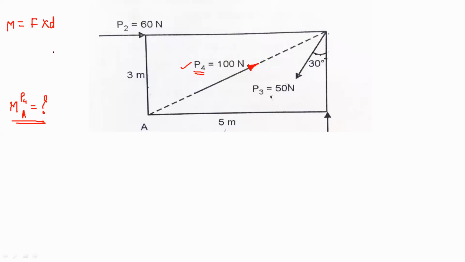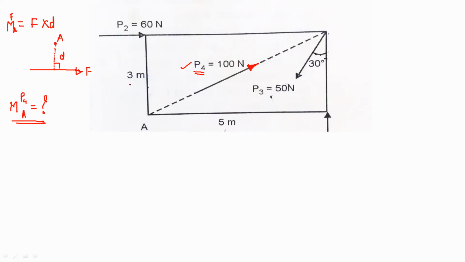Suppose this is the point A, and somewhere a force F is acting, and this is the perpendicular distance D. In that case, we will write the moment by force F about the point A as F into D, because there is some perpendicular distance with respect to point A.